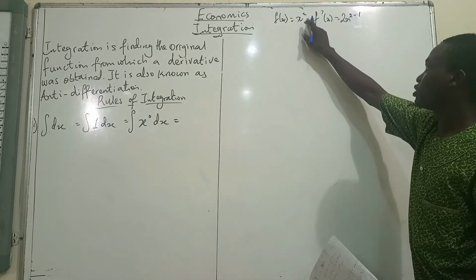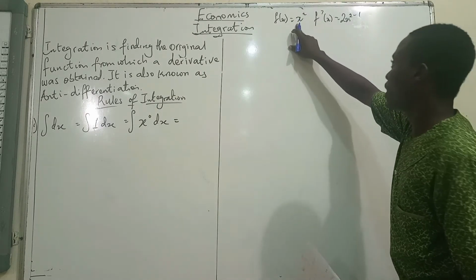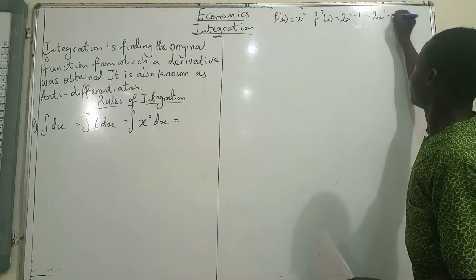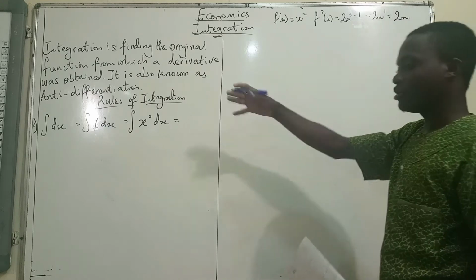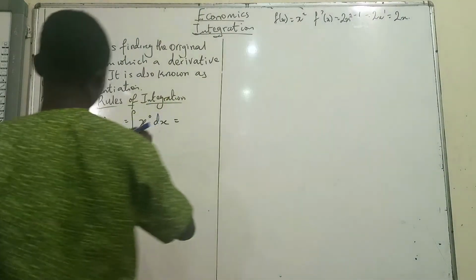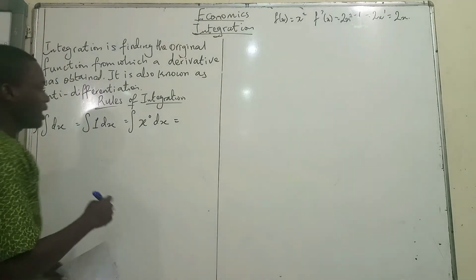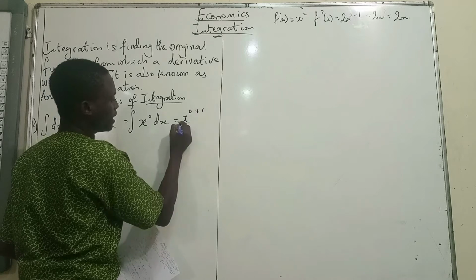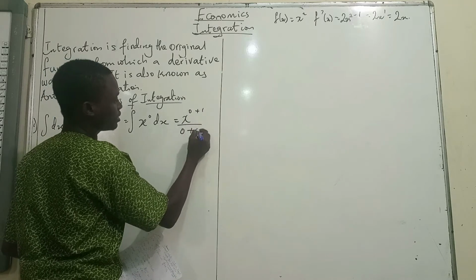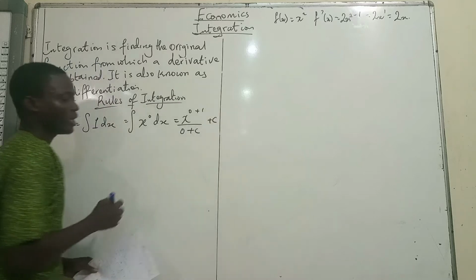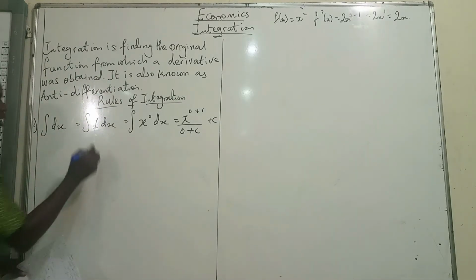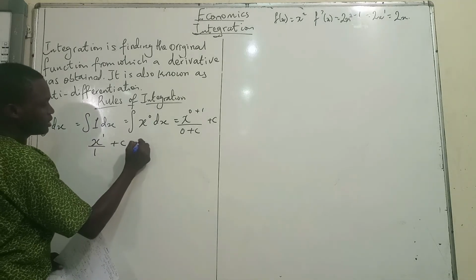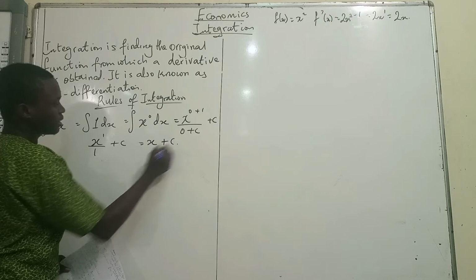The power here is 2, so you bring the 2 down and take 1 from the power, which gives us 2x raised to power 1, equal to 2x. But when we are doing integration, what we do basically is to add to the powers, we don't take from the powers. So I have x raised to 0 plus 1, divided by 0 plus 1, plus c, which we call a constant term. So we have x to the power 1, divided by 1, plus c, which is the same thing as x plus c. That's all.